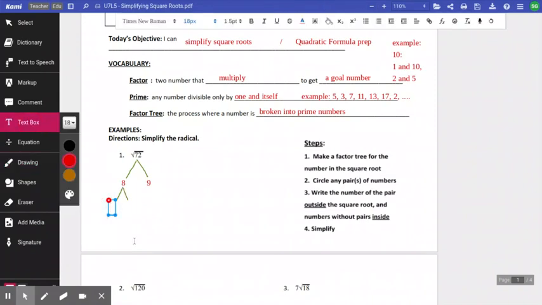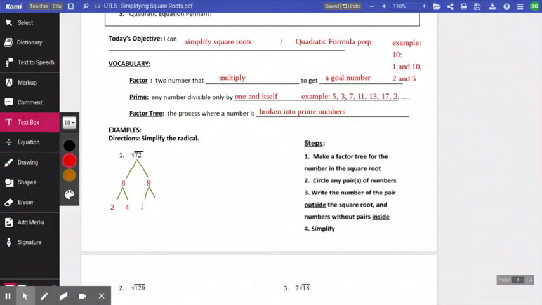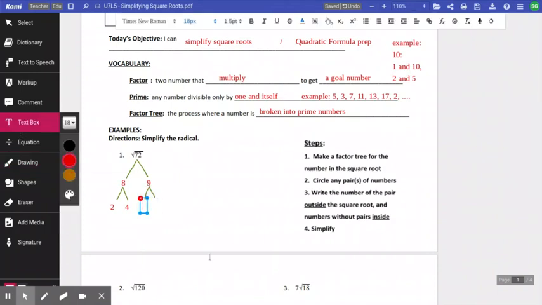That pair of numbers is going to be 2 and 4. If I look over here at the 9, 9 also isn't prime. I could come up with another pair of numbers that multiply to give me 9. That pair of numbers is 3 and 3. 9 times 1 also gives you 9, but remember we're looking for pairs of numbers that aren't 1 and itself.